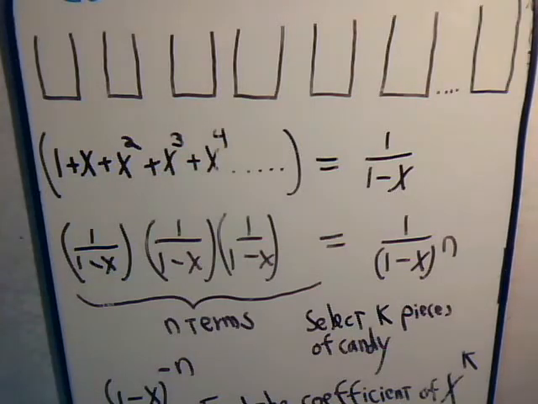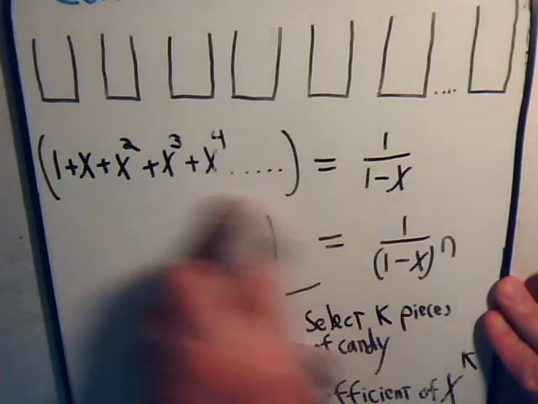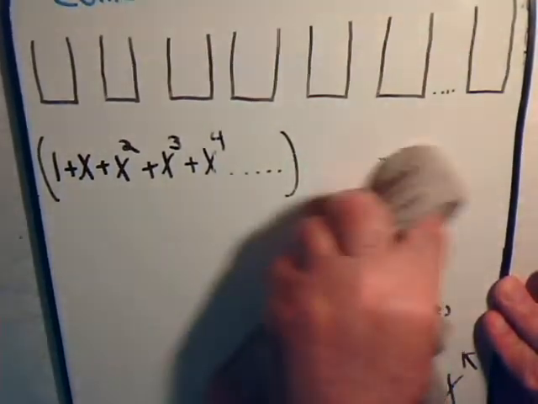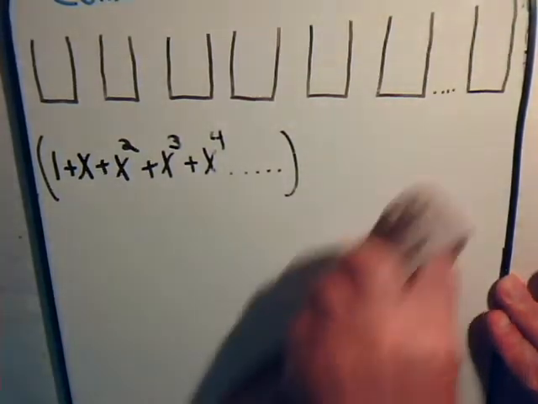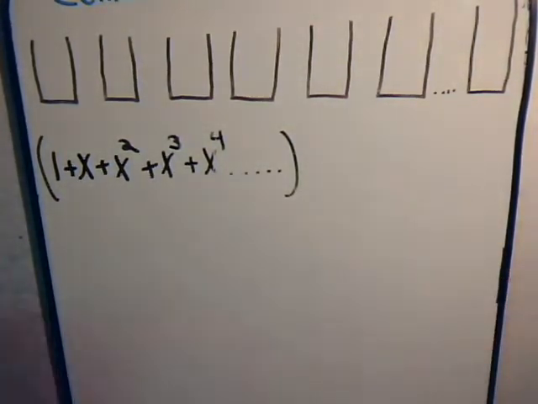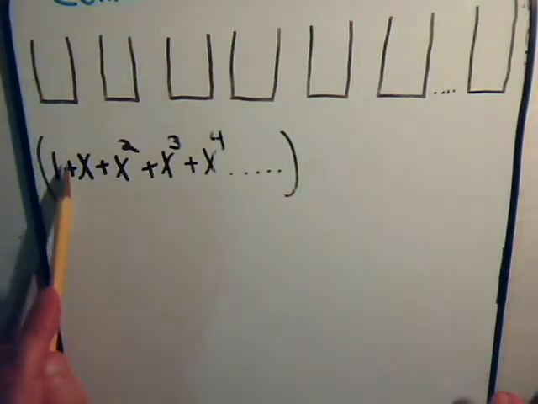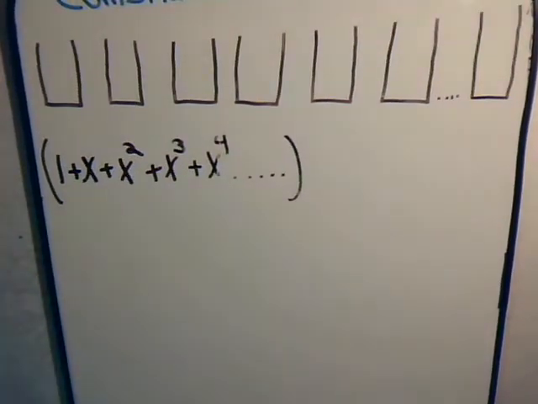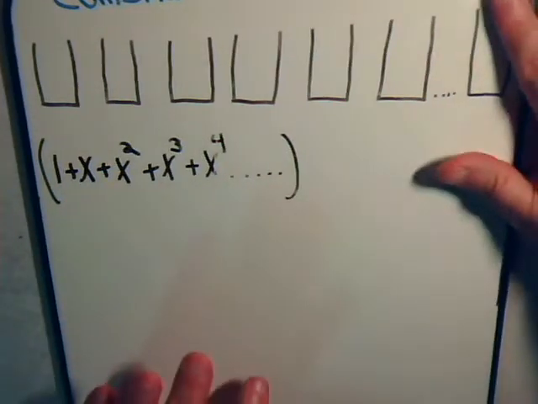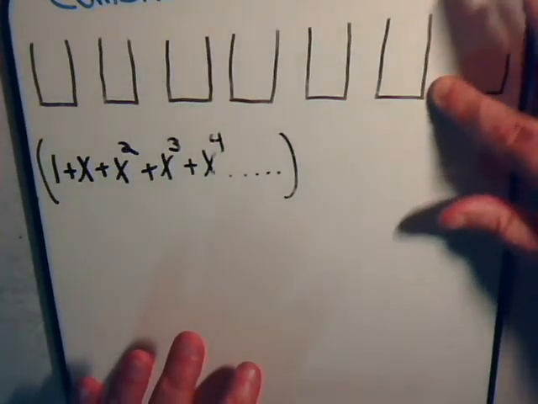Now, the advantage of this approach is, suppose, for example, we had some restrictions. From the first crate, let's say, it didn't matter, we could take as many as we wanted, but maybe from this crate here, we say, all right, here you have, say, 6 crates of candy.